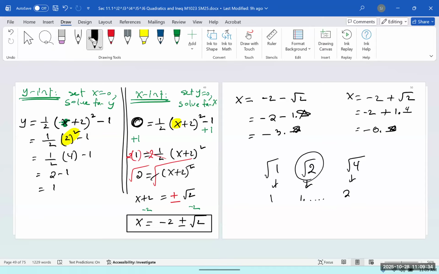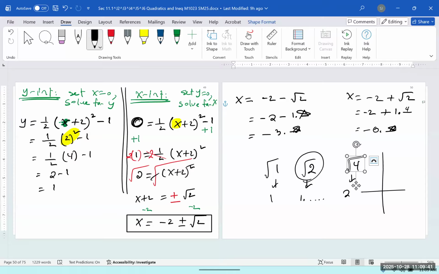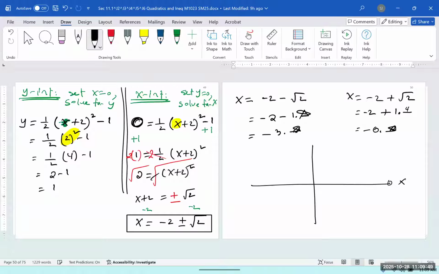So if you draw, look, how do you draw it? Let me erase this. I don't have space. So we have x, y. Oh, it's on the left side. So let me erase this.